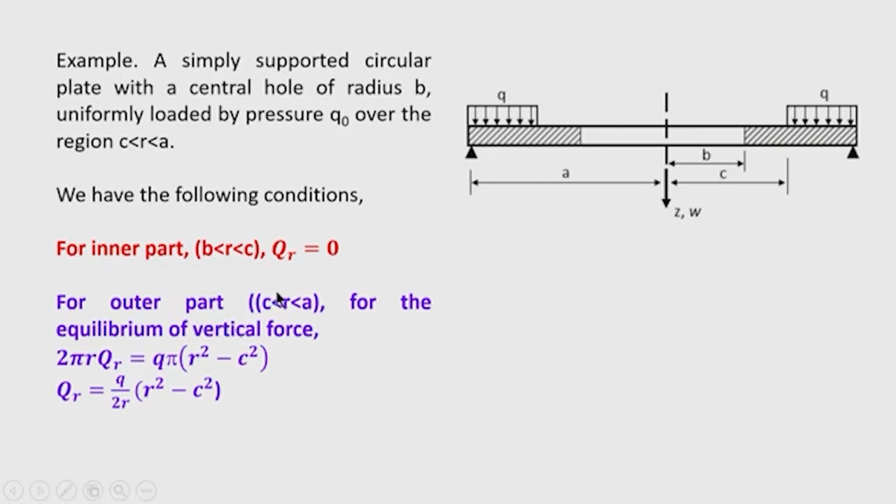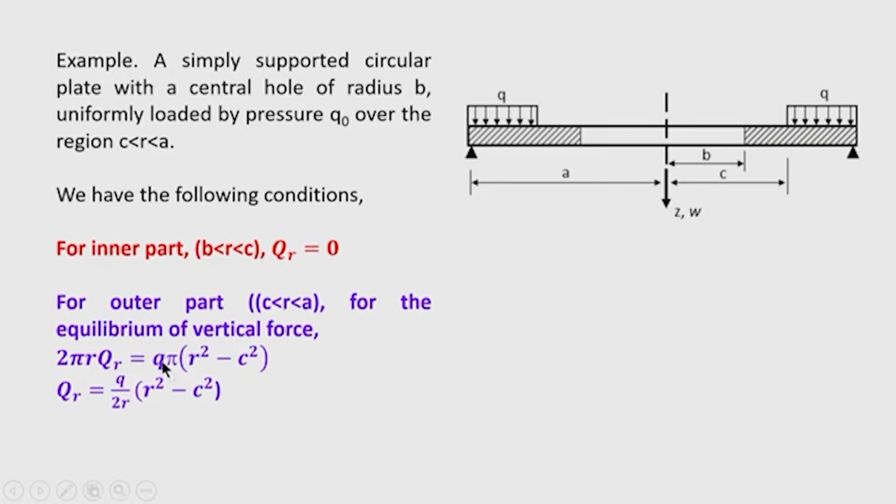Now, if I see the vertical force equilibrium in the outer part, the total shearing force at any slice will be 2 pi r q r, equal to the total vertical load acting on the slice. The total vertical load acting on the slice will be the area, pi times r square minus c square, times q, the load.